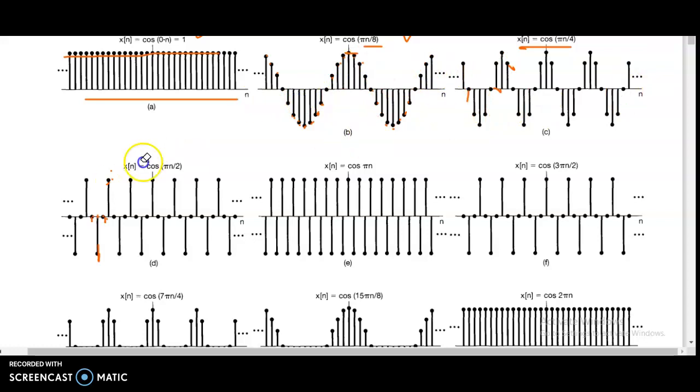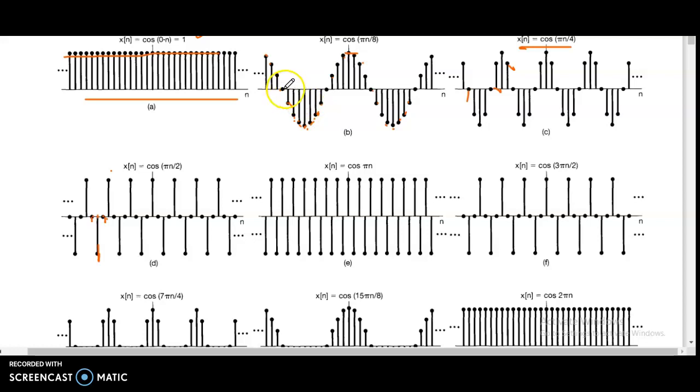Here, for example, 1, 2, 3, 4, 5, 6, 7, 8.